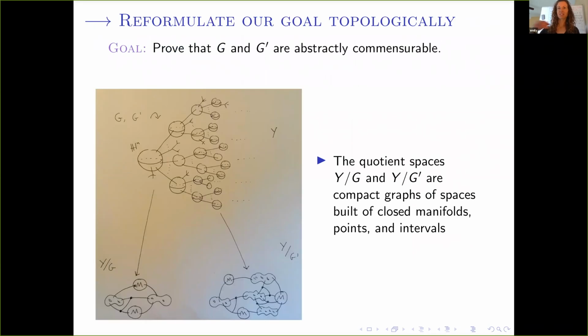So the picture is we have G and G prime acting on this ideal model geometry, and suppose G and G prime are torsion-free, then the quotient spaces, Y mod G and Y mod G prime, are compact graphs of spaces with vertex spaces that are closed hyperbolic manifolds or points, and these are glued to each other along intervals. So these spaces are much nicer than some arbitrary quotient spaces.